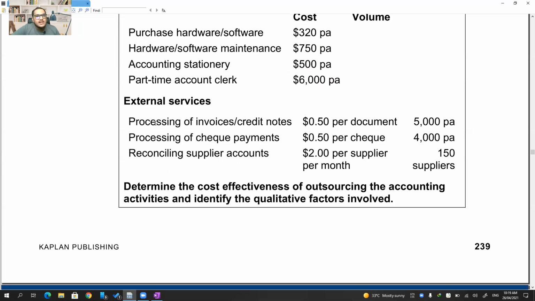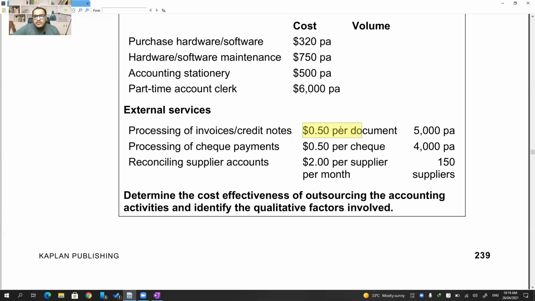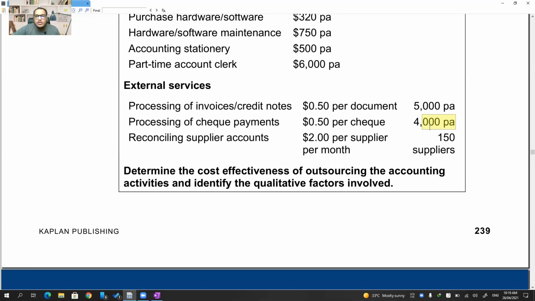If I'm going for external services, processing of the invoice and credit notes takes 0.5 per document for 5000 documents. So 5000 into 0.5, that's 2500. Then processing of cheque payments takes 0.5 per cheque into 4000 per annum. So 4000 into 0.5, that's 2000, plus 2500, 4500.